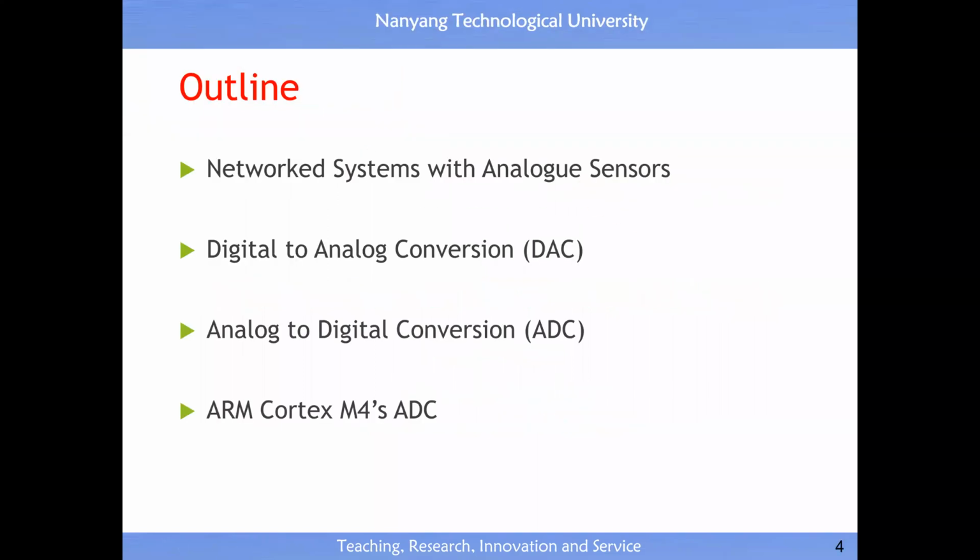And here I just quickly remind you, in order to have a network of sensors, actually you just need to have a network system. And I believe last week we already studied the basics about the network system, all right?